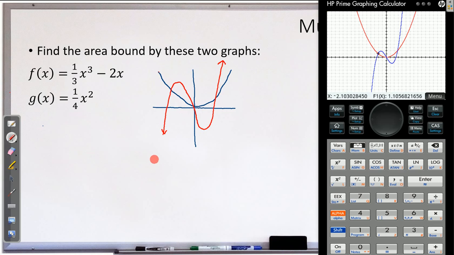So that means we're going to have two different integrals. So the first one is the integral from a to b. So for our first region here, this one, the cubic is on top. So it's going to be f of x minus g of x.